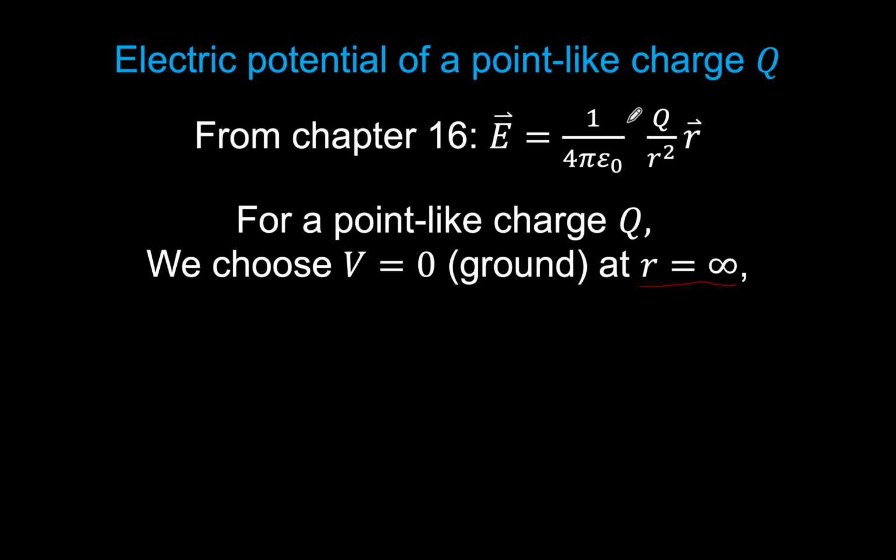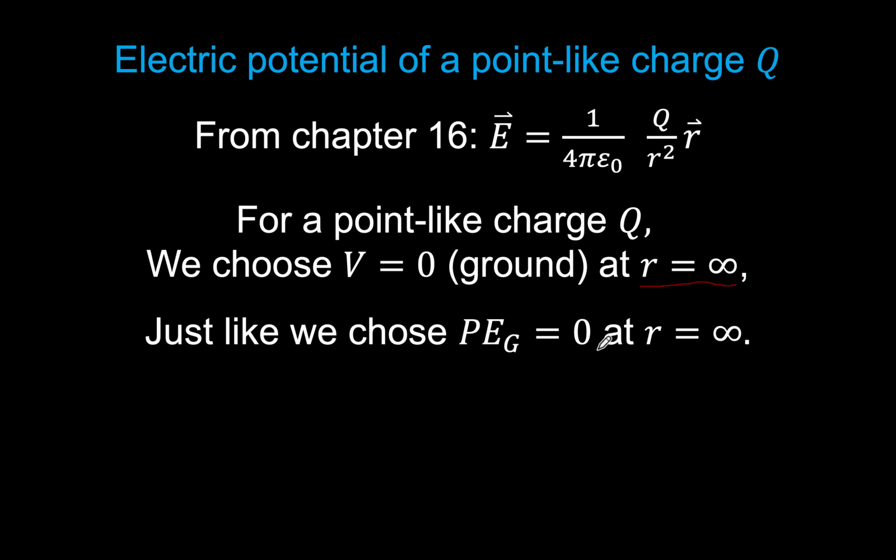There's no way to actually make this equal to zero, but as r approaches infinity, this will approach zero. So if we want to choose a location where our potential difference is equal to zero, our electric potential is equal to zero, then we're going to choose that ground where r is equal to infinity.